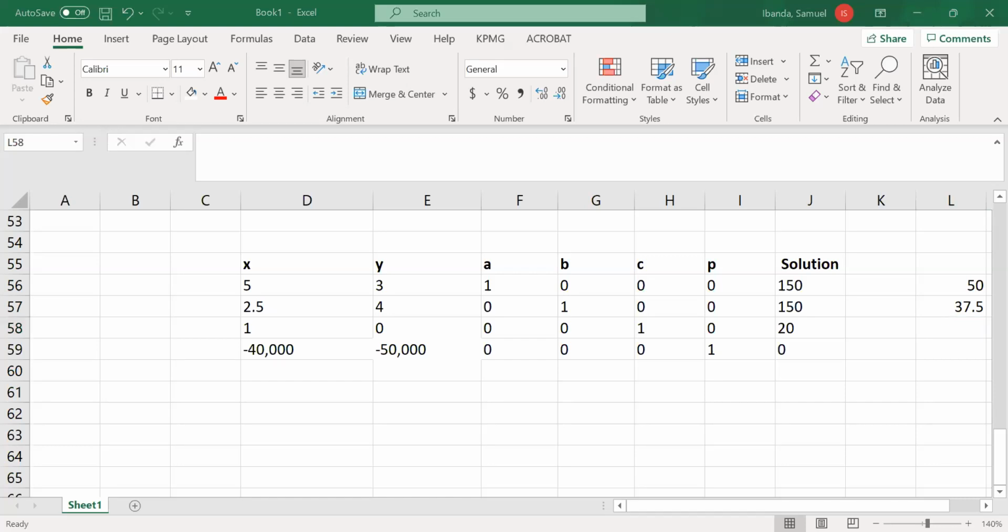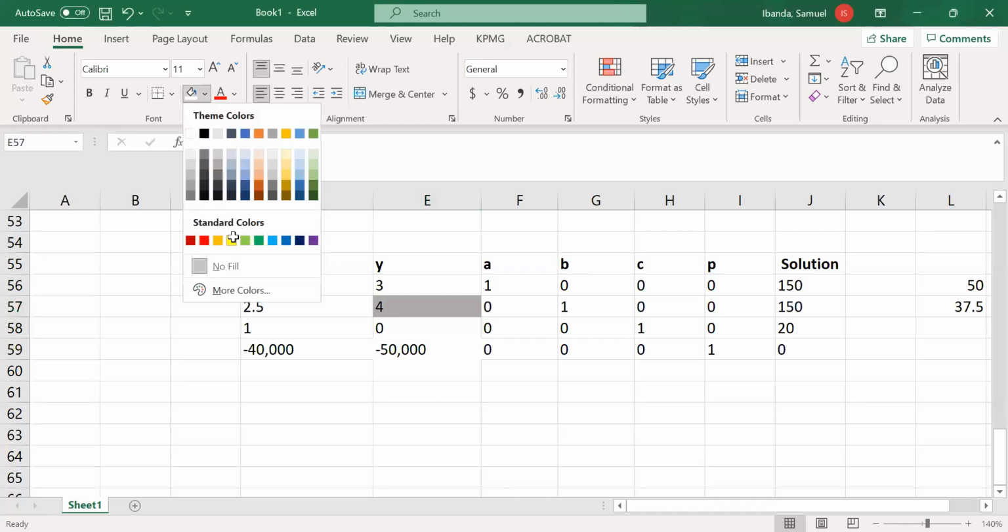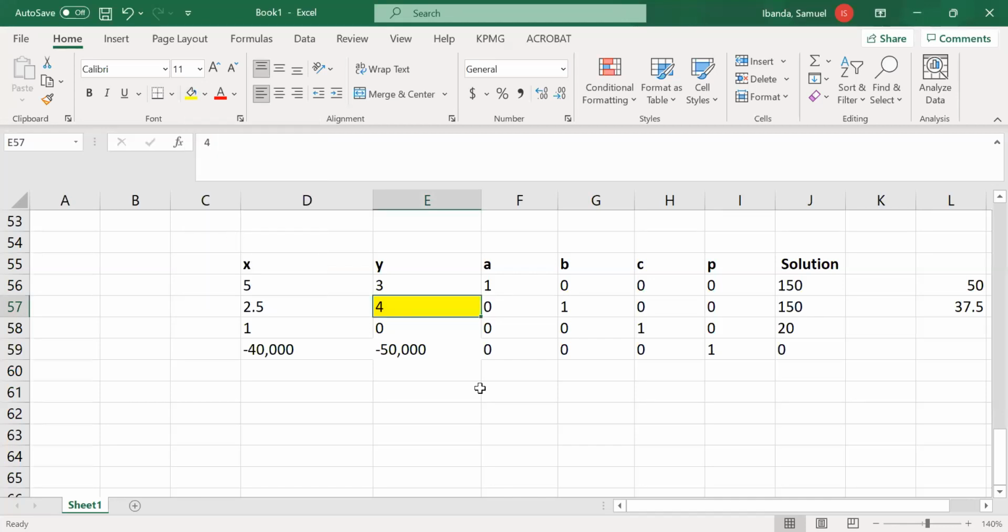Our goal is to select the one that gives us a lower figure. So we can see that this has given us 37.5. So this should be our pivot point.